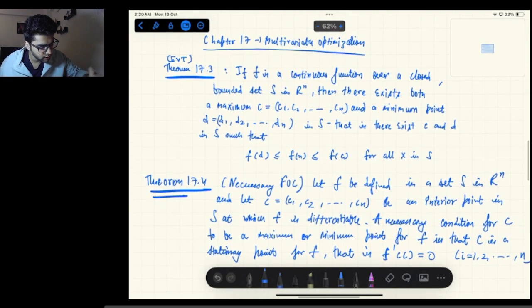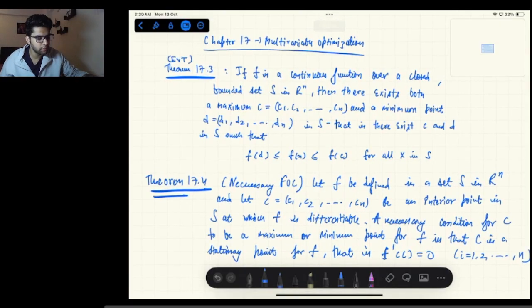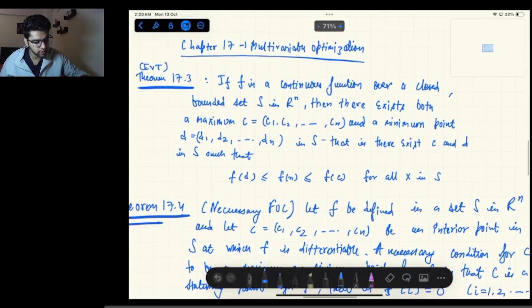I've written two theorems before starting with exercise 17.3.